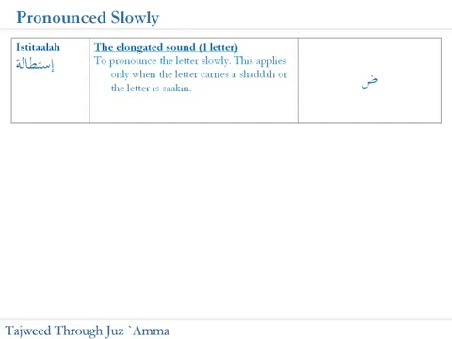Now in Surah Fatiha you have wala dallin, and that's when the dad carries the shadda, and you'll notice when you join to the dad, you hold it for slightly longer than you would any other letter. So it's wala da. Okay, so that wala da is what they call the elongated sound.